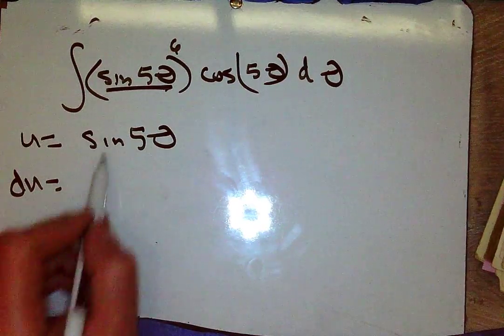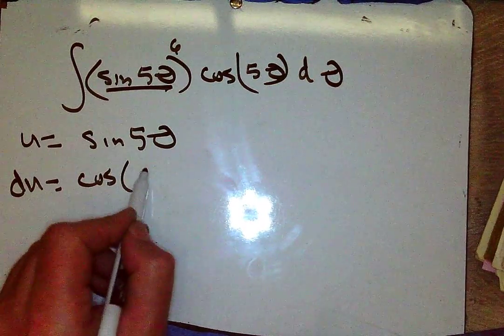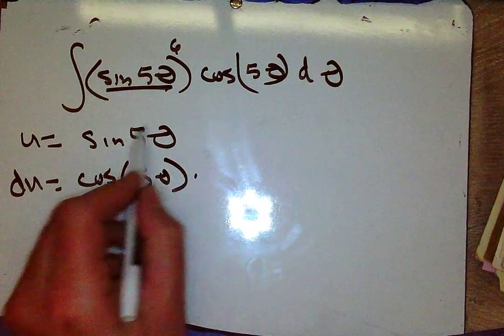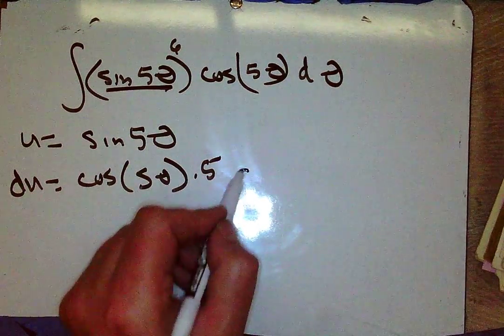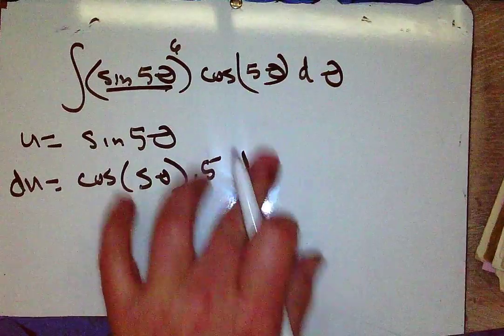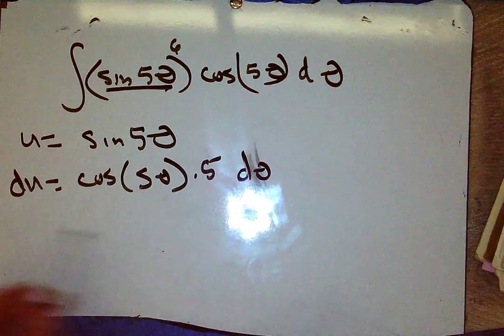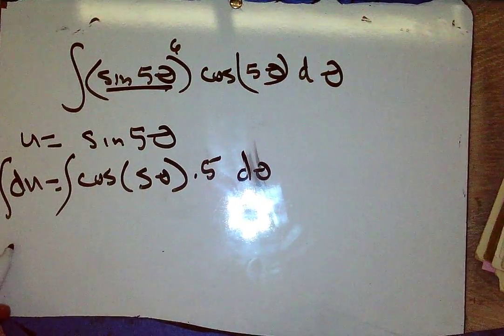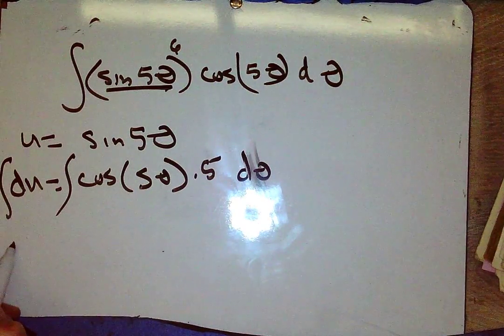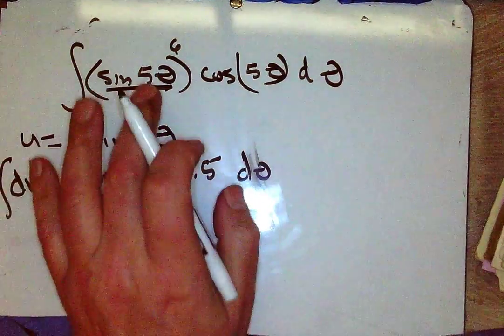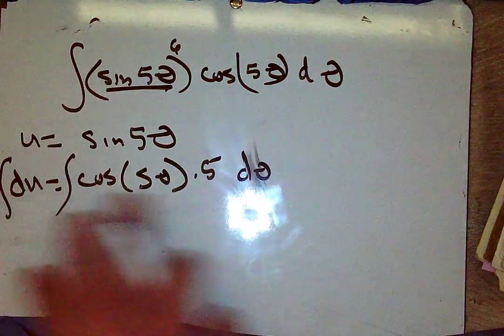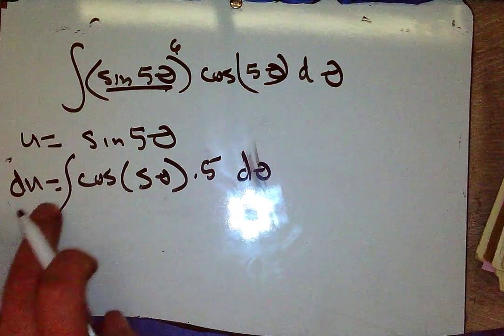So du is going to be the derivative of sine is cosine, leave the inside alone, times the derivative of the inside, d theta. Okay, now let's integrate both sides. No, sorry, not integrating both sides.